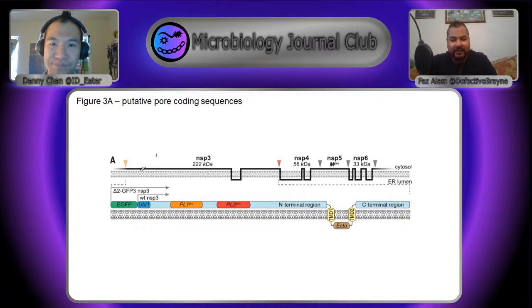And I think how they test it, how they confirm that it's in there, is quite interesting. So now they want to know, and below you can see the construct they're going to test. They have a delta 2 GFP NSP3. Yeah. The interesting thing is viruses can only handle so many kilobytes of information inside them. They can only handle a certain length of DNA. So if you want to add in something, you have to take something out.